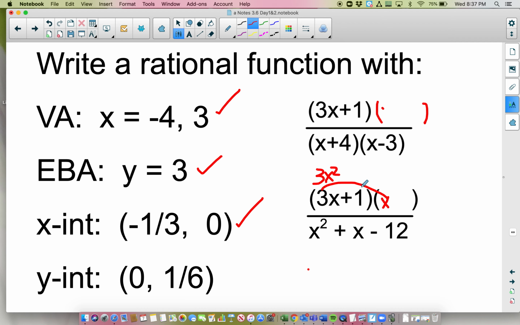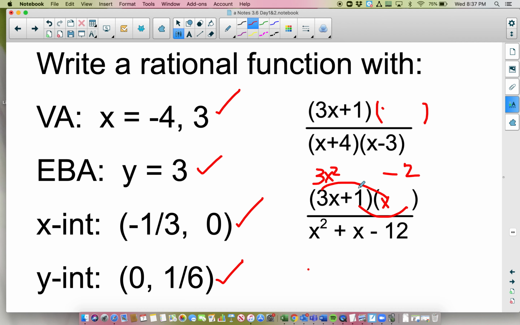Okay, well then, if you continue to FOIL, I don't care about my outers and my inners, but my last term, this 1 times whatever unknown, I know that my y-intercept has to reduce to 1/6. So whatever I add here, or I should say subtract, needs to be a 2, because I know -2 over -12 will reduce to 1/6.